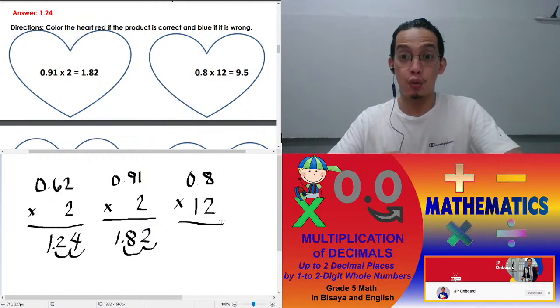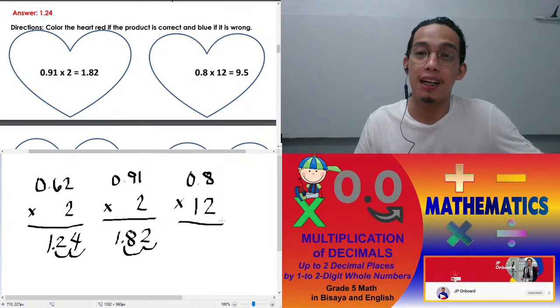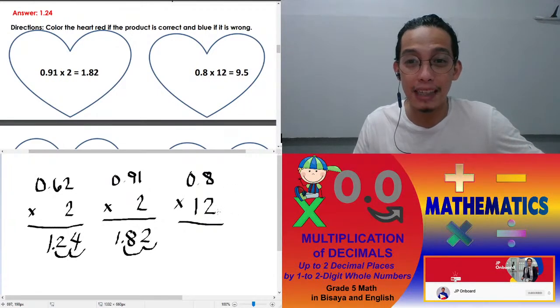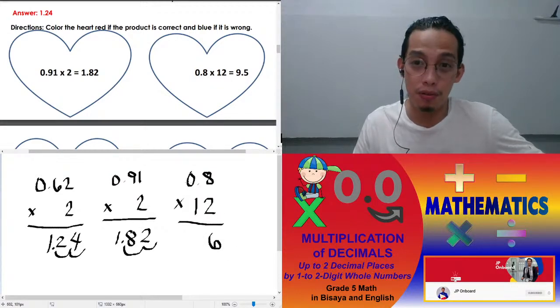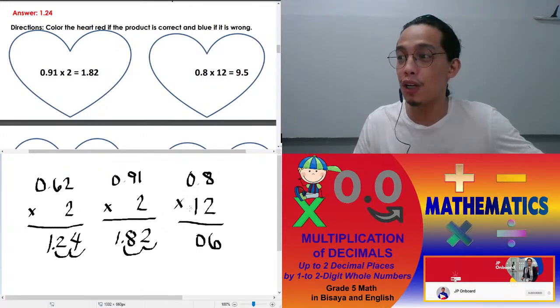If sakto, kung sakto siya atong coloran of red, if it's correct, we'll shade the heart red, if not blue. So 2 times 8 is 16. Okay. And then 2 times 0 is 0. So, wala. And then we move to the next one, kaning 1 here, nampatay 1, kay tuwa man siya.